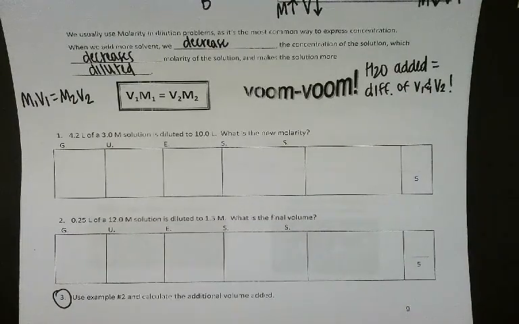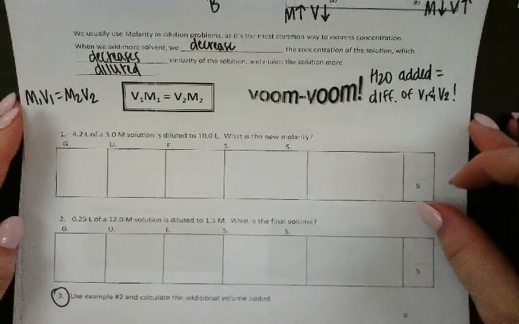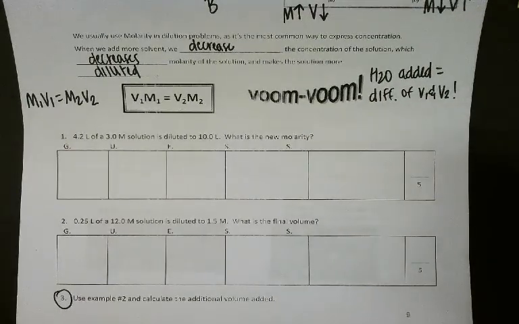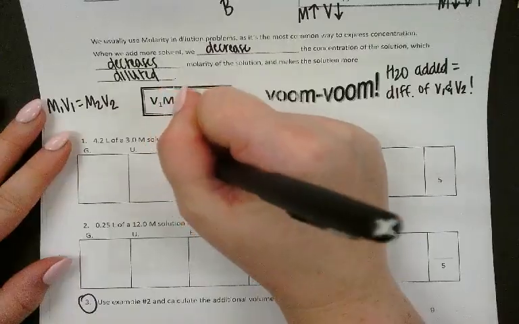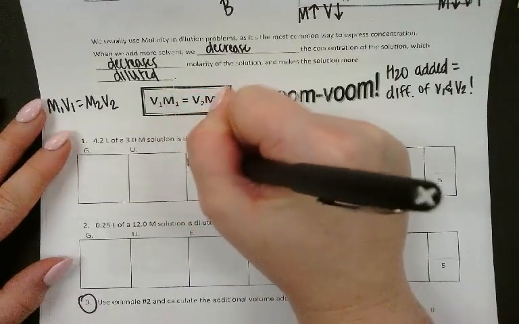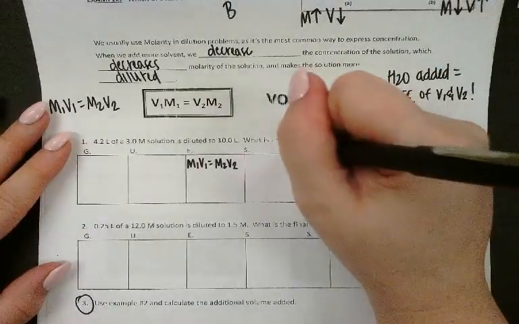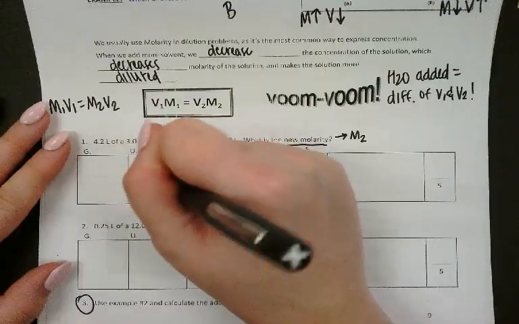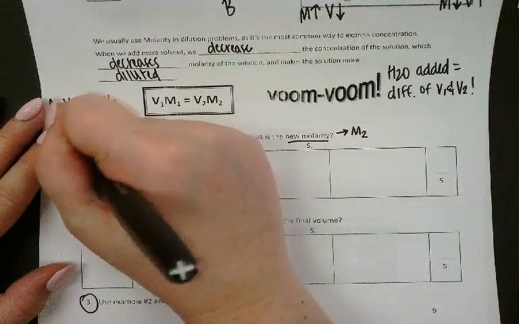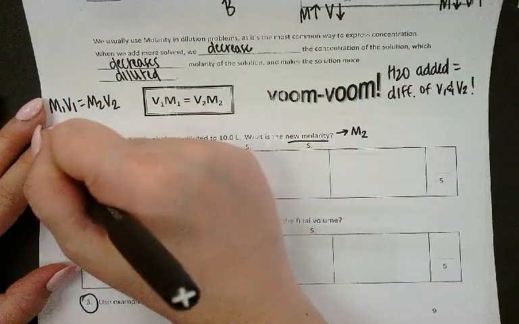Alright, so let's do a problem. It says 4.2 liters of a 3 molar solution is diluted to 10 liters. What is the new molarity? So this time we have 3 givens, and because we know our equation is M1V1 equals M2V2, when it says what is the new molarity, that's referring to M2, which means I have M1, I have V1, and I have V2.